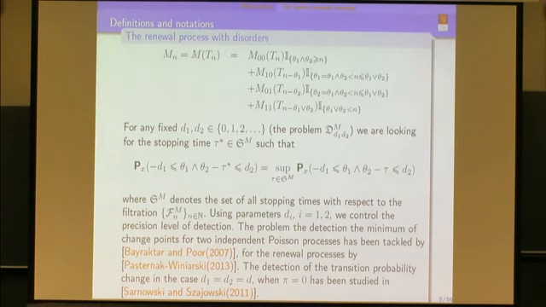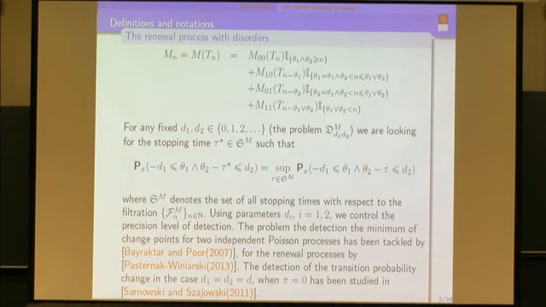Sometimes first the intensity of events changes, sometimes the weights of fishes change. The problem which I want to solve is to determine the minimum of tau 1, tau 2 in such a way that this probability will be maximized.